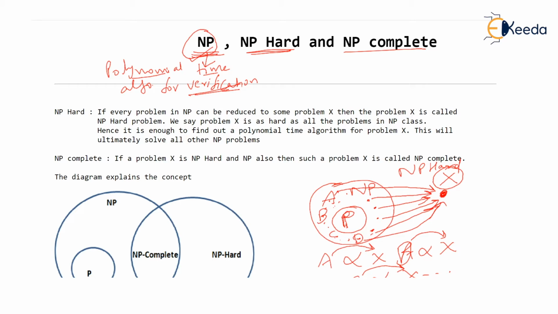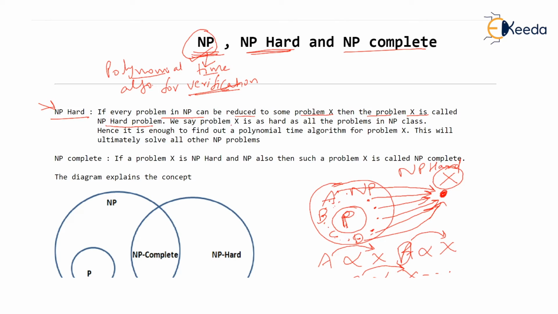We can say X is as hard as all the problems in NP. X is as hard a problem as all the problems in NP. Isn't it so? What that means is X is as powerful or as strong as all the problems in NP. Such a problem is called NP hard. So what is NP hard? If every problem in NP can be reduced to some problem X, then problem X is called NP hard problem.